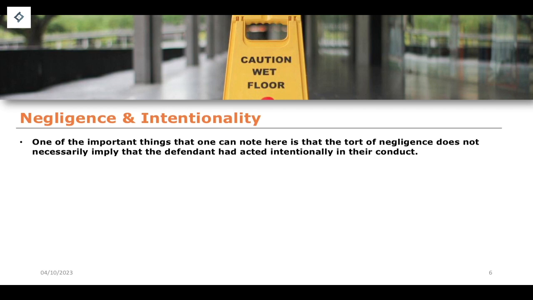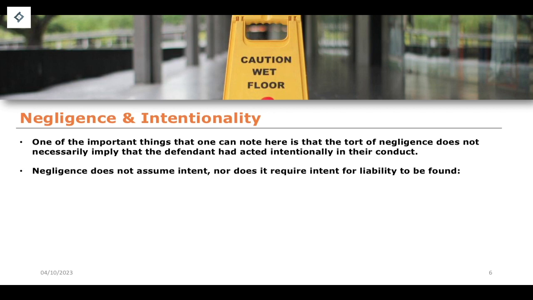It was a careless breach of a duty of care, which then leads to the harm in question. And so this means that negligence does not assume intent, nor does it require intent for liability to be found. A person doesn't need to intentionally have caused harm to a claimant in order to find a case of negligence. Intent is actually irrelevant.